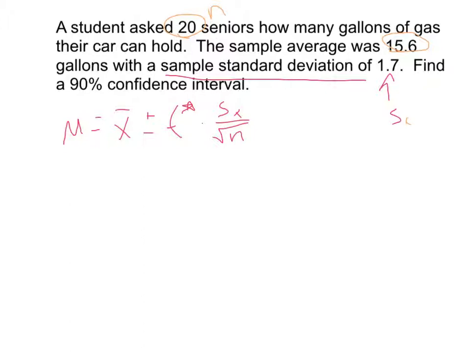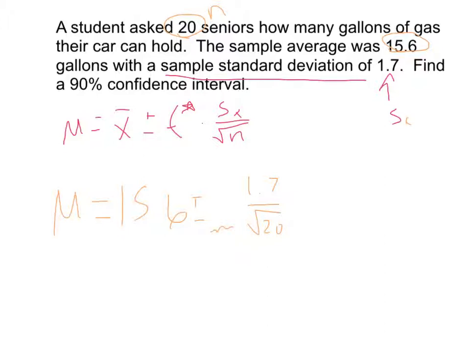So our confidence interval says that mu is equal to 15.6 plus or minus t star, which we need to find out in just a moment, times 1.7 over the square root of 20.